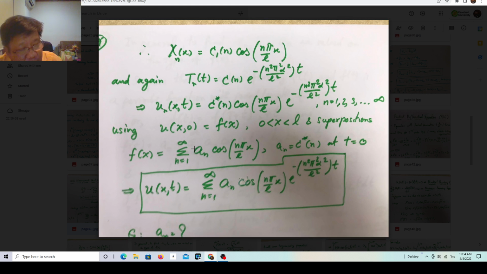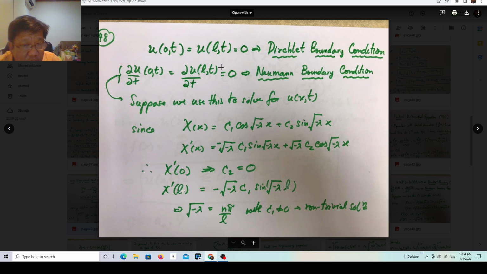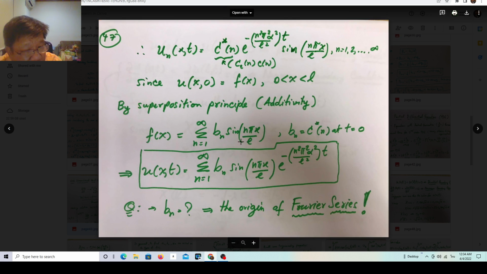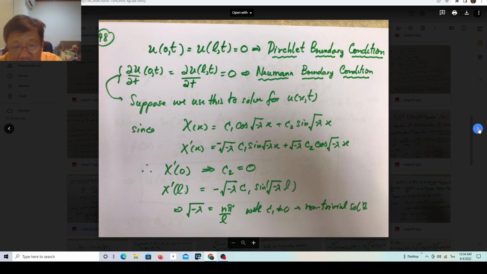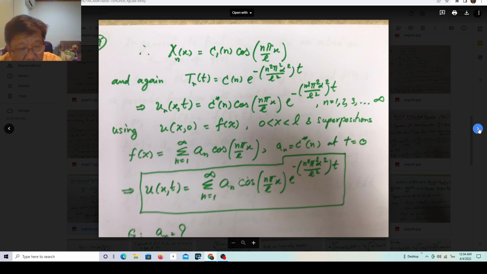Instead of b sub n, we call this a sub n here, because they do not multiply with the sine function, they become the cos function. So what I mean is that when you replace this condition with the Neumann condition, everything goes the same except the sine term becomes the cos term. Okay, so this is how the results come out.